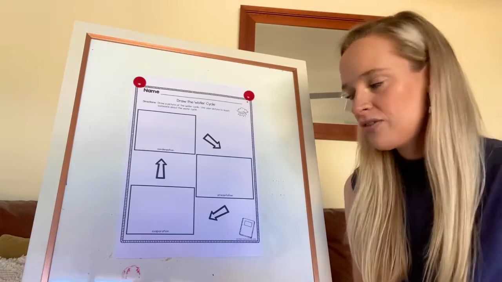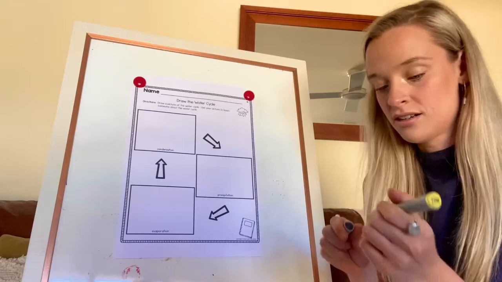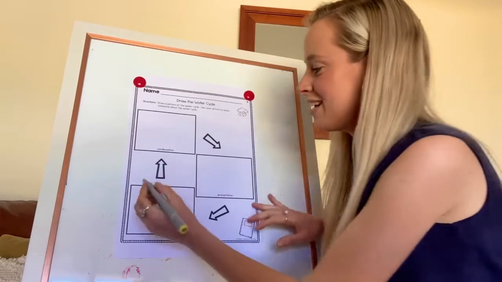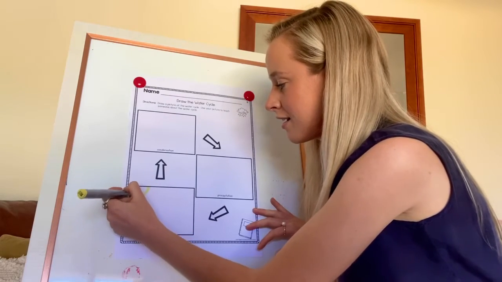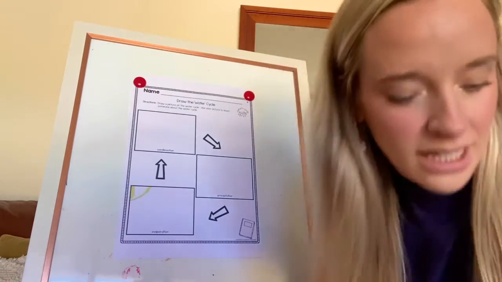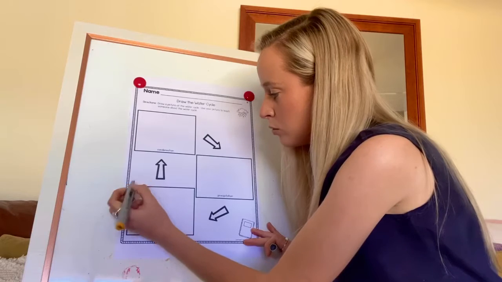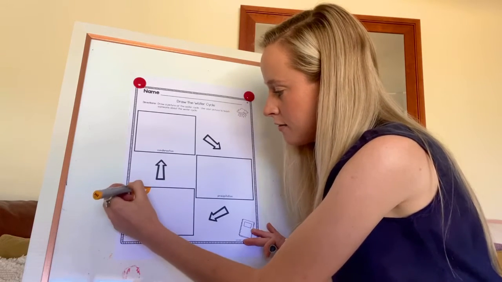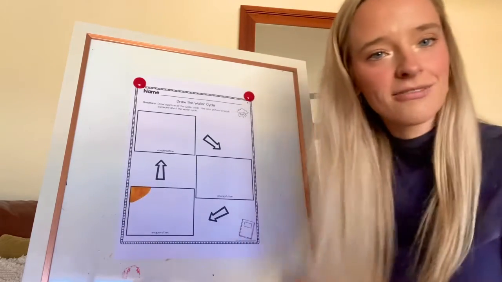So our first phase was evaporation. Now that's when the sun heats up a body of water. I'm going to use yellow for the sun. That's not dark enough, I'm going to use a different colour. Okay, there's my sun. Hopefully you can see that. Yep, beautiful.